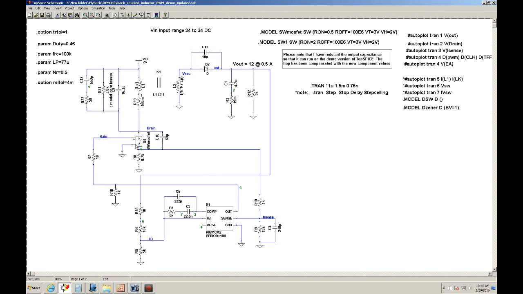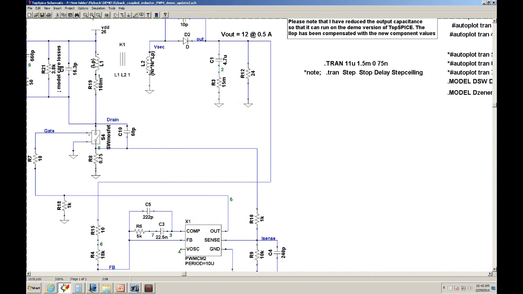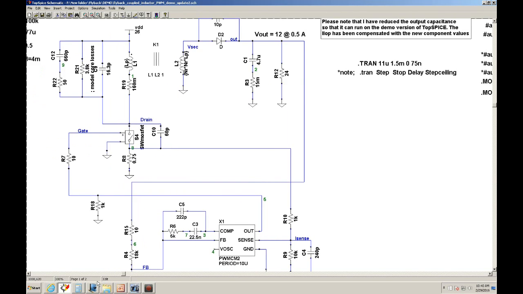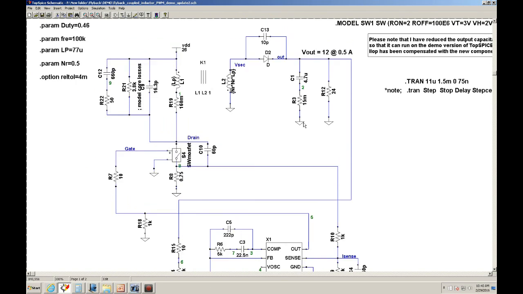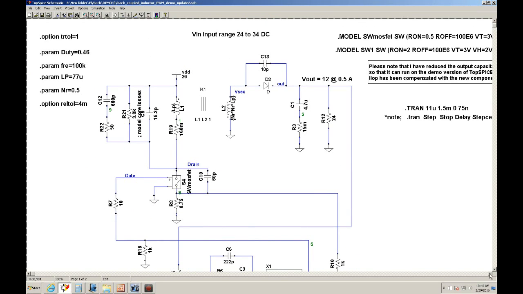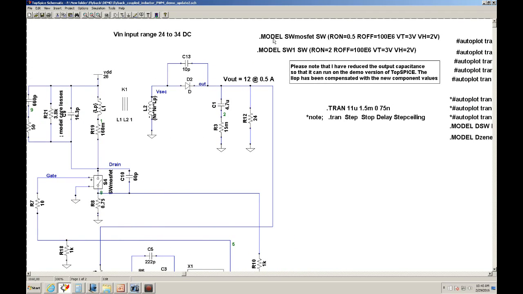I've got my MOSFET here. It's being modeled by a switch. In this case, if you notice, it says SW MOSFET. Let me see if I can zoom in. That's the name of this particular model. And if you come up here, this is where I define the model. It's a .model SW MOSFET switch.